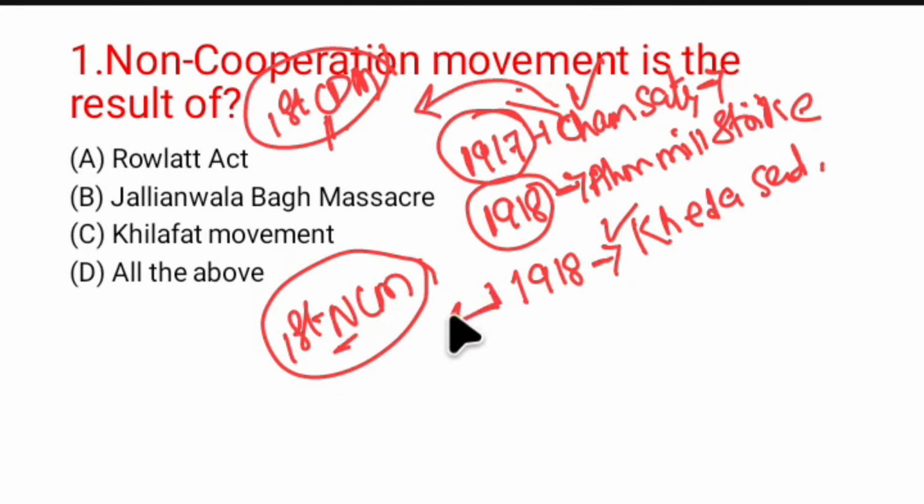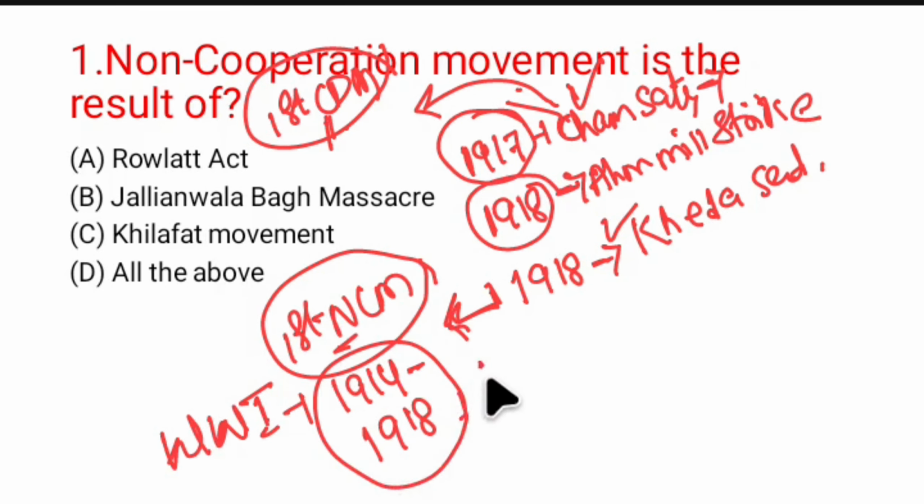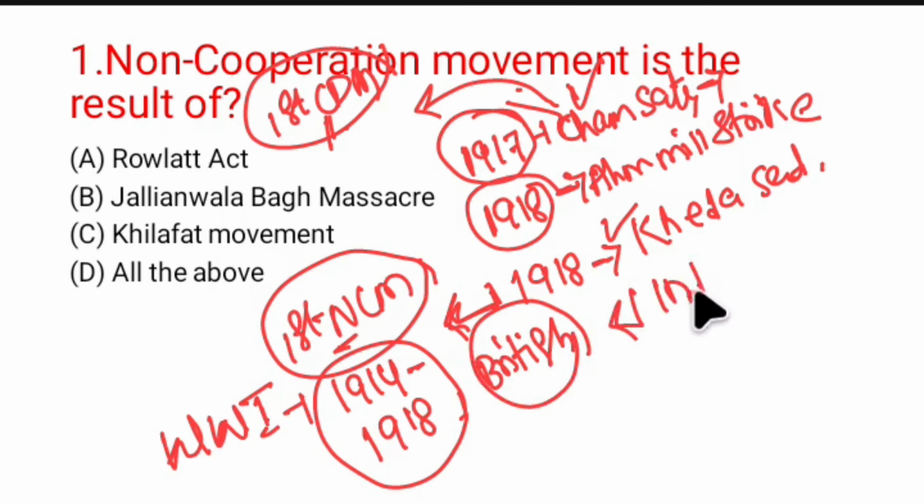And then what happened? World War I began in the year 1914 and ended in the year 1918. For the British to fight this war, they needed support from Indians.